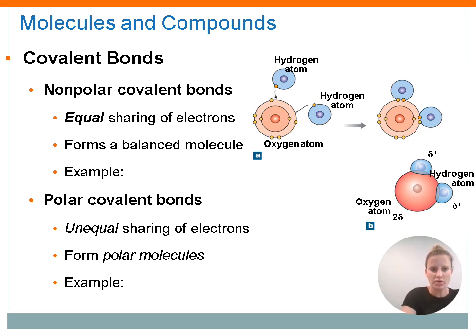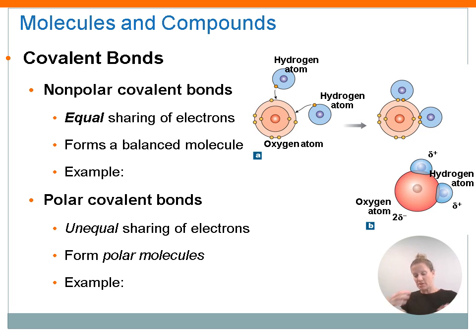But with a polar covalent bond, there is unequal sharing of electrons. So you have two atoms sharing a pair of electrons, and one of those atoms is big and strong, and he really pulls on those electrons hard.